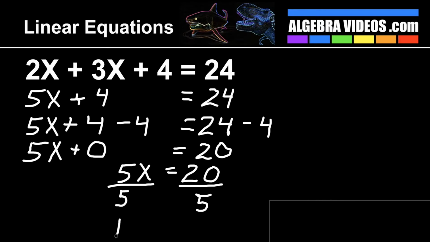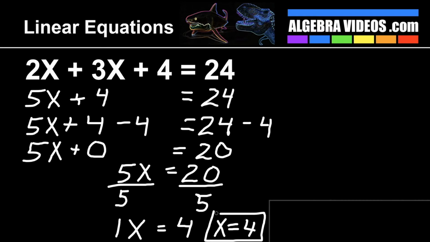So that means that 1x is equal to, what do we have on the right side? 20 divided by 5 is 4. So our solution is x equals 4. I can just rewrite that as x equals 4. You don't need to have the 1 out there. We know that 1x and x are the same thing. So our solution is x equals 4.